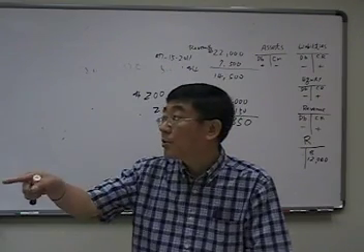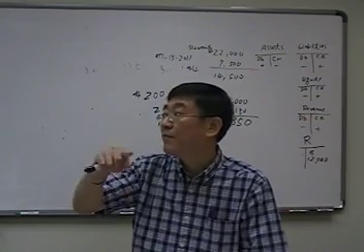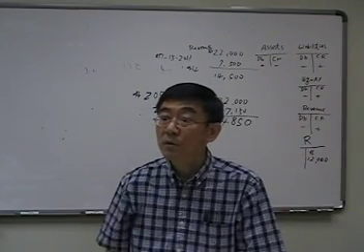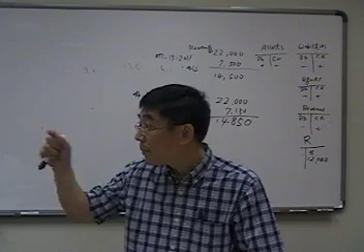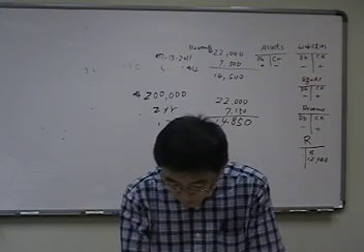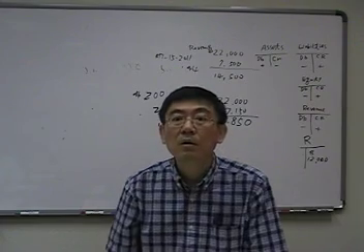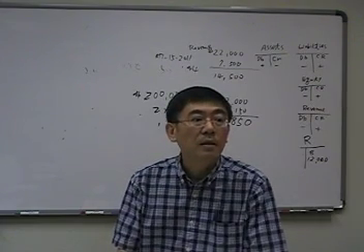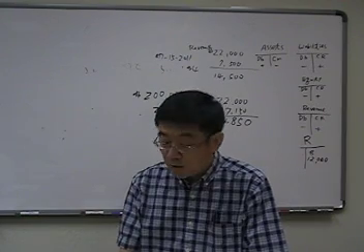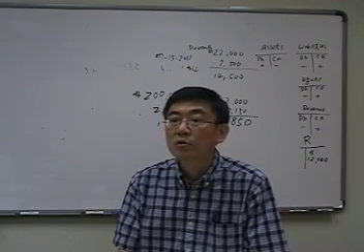So for the second year, your principal increases: 159,144 plus 19,144. Then you times 12% again. So the interest for the second year becomes 21,429. So interest expense for the second year is 21,429.